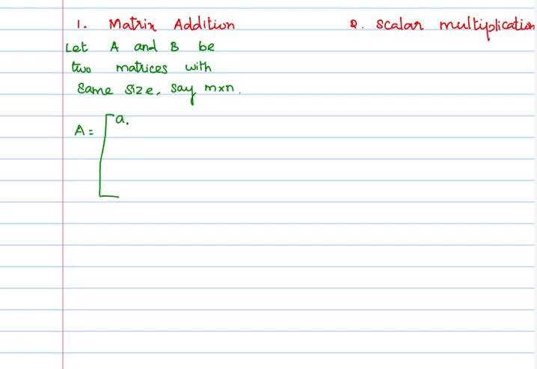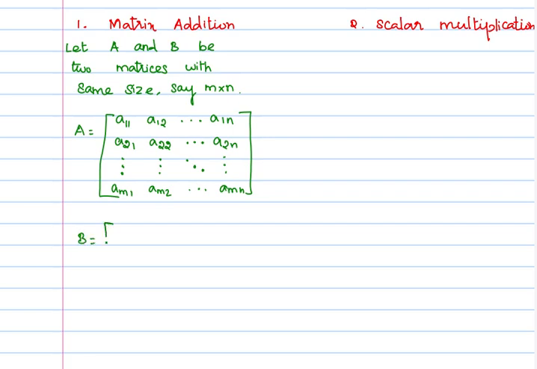That is A11, the second entry is A12 and so on, A1n because there are n columns. Similarly, A21, A22 and so on, A2n, and the last row Am1, Am2, up to Amn. This is the matrix I have taken as A.